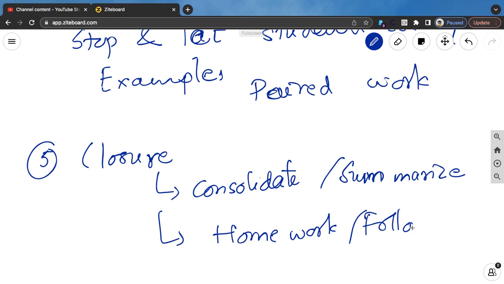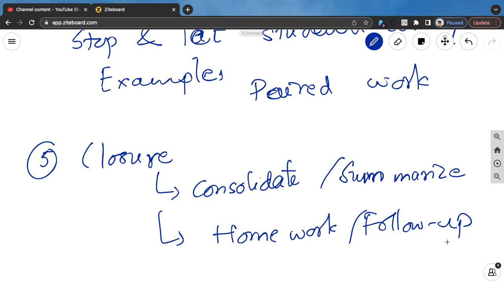What should they do at home after? Read this lesson again, mark important words in this chapter, do these last two questions from the textbook, talk to your parents about your experience and take examples from them, interview somebody about a topic and then come to class and share, prepare a model, prepare a chart, do a video recording or click pictures of something where you see something related to what we learned today.